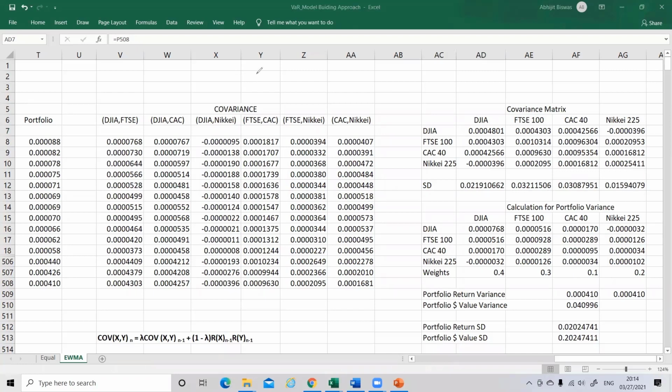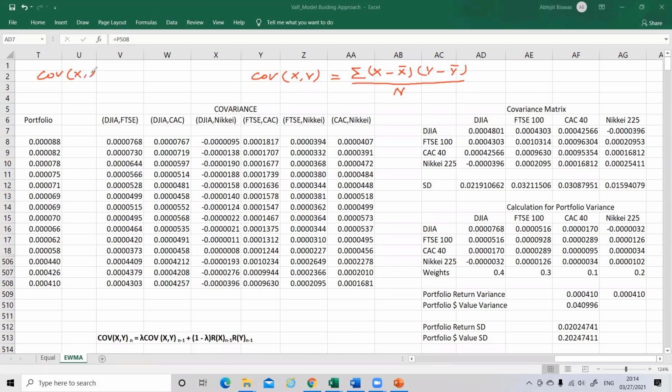Say I want to calculate covariance between X and Y. The formula goes like this: summation of X minus X bar multiplied by Y minus Y bar, whole divided by N. This is the formula for covariance between X and Y. Yes or no? Do you recall?